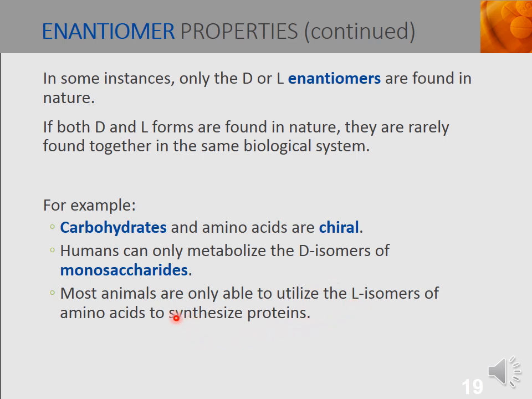This is the basic difference, and it is very important information. You have to keep in mind that only one enantiomer, the L enantiomer or the D enantiomer, can exist in one biological system. It is never possible that one biological system contains both L and D forms.